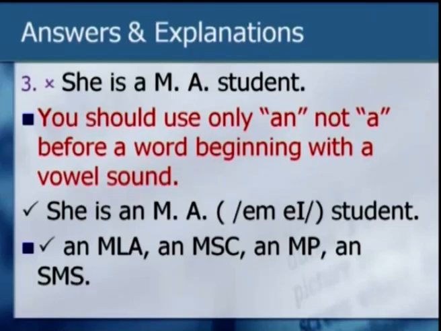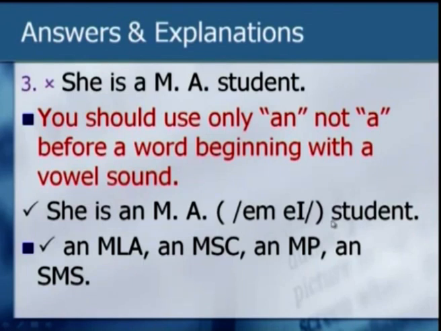Now, the confusion here is MA. The letter M is giving the wrong impression that it is also connoting a consonantal sound, but actually it is giving the sound of a vowel, and this is the vowel representation. When you say she is an MA, you are using a vowel sound here, M, A, okay, an MA student.